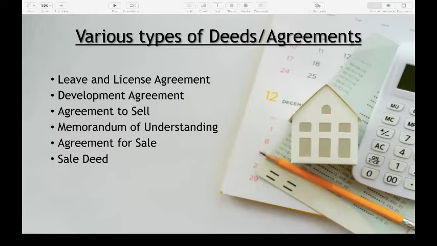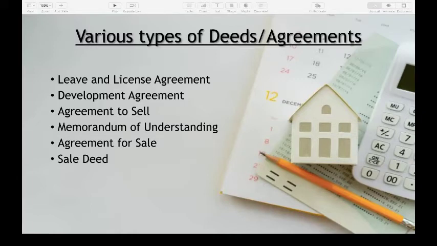Today I'll be speaking about the various types of deeds or agreements that are prevalent in the real estate field. There are a lot of them, but I've picked a few which I think are important. I'll be briefly touching upon the nomenclature and the type of agreement.